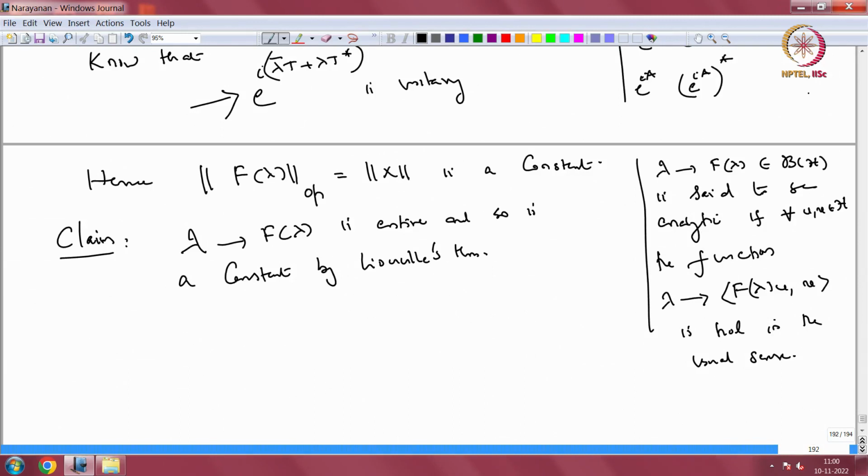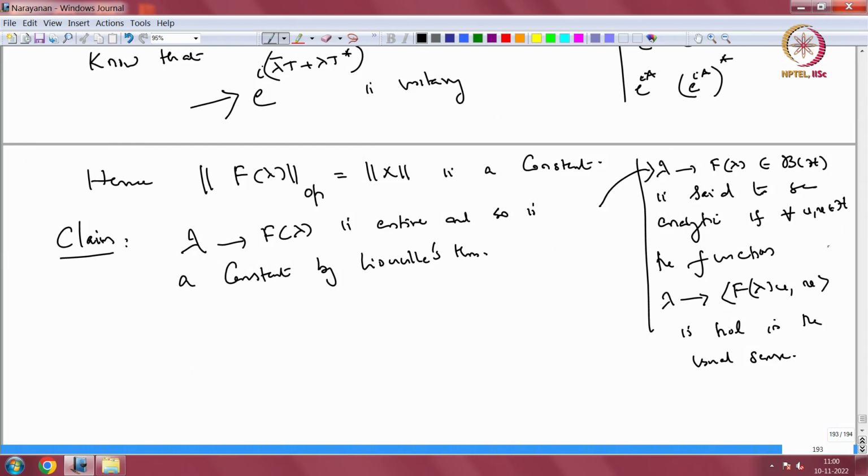and so f lambda's operator norm is norm x, a constant. Okay. Now, the claim is lambda going to f lambda is entire. So, remember f lambda is defined for all lambda in the complex numbers, and lambda going to f lambda is entire, and it is bounded, right, because its operator norm is bounded, and so it is constant by Liouville's theorem. So, we have to justify this. So, let us recall what is meant by lambda going to f lambda being a holomorphic function.